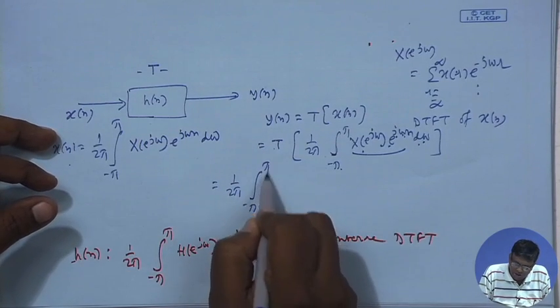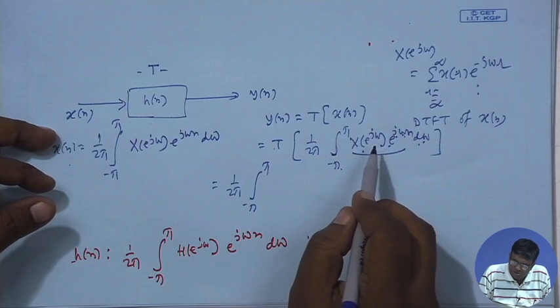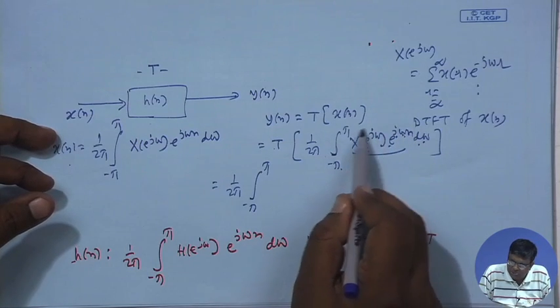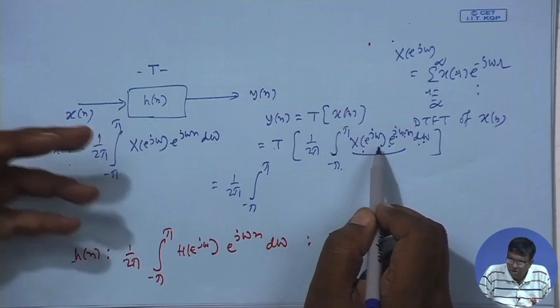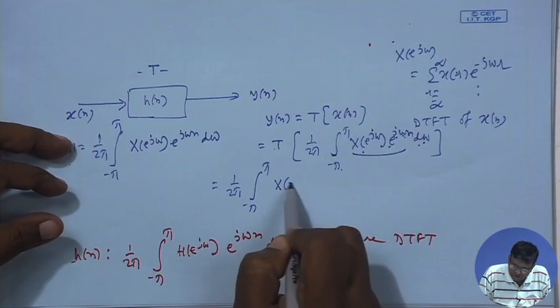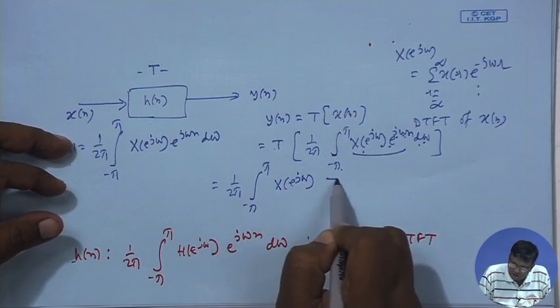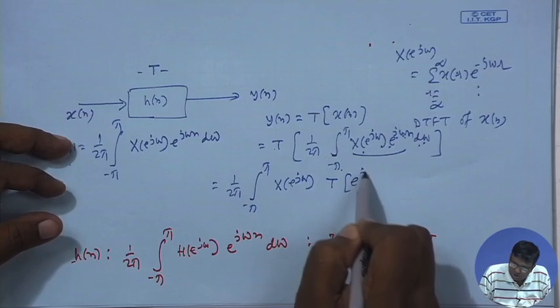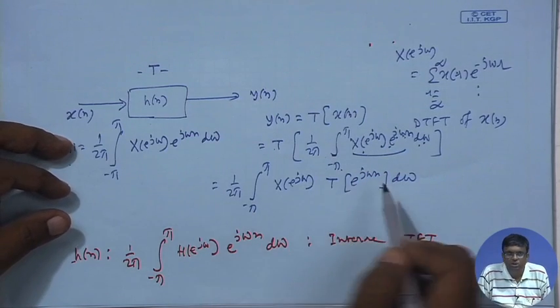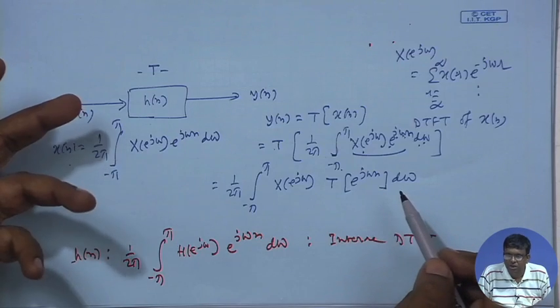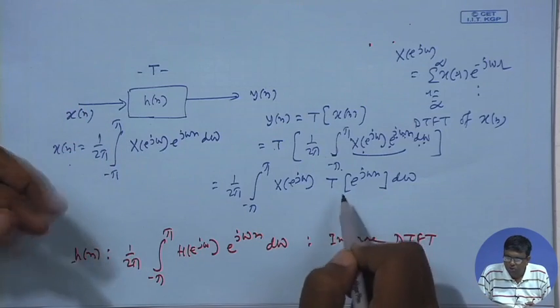Minus pi to pi, T will work on this, but this part does not depend on n, this is like the constants C1, C2. So, it will be outside, T will work only on the sequence part. But e to the power j omega n is an eigen sequence. So, its output I know.